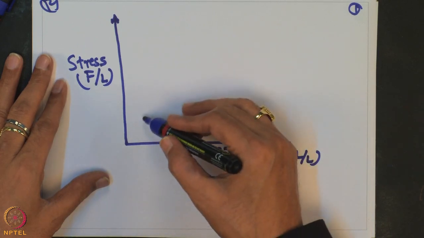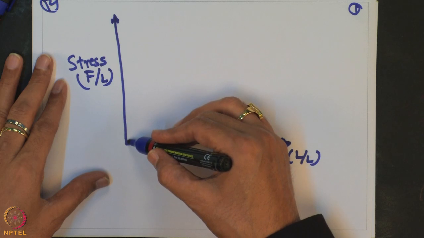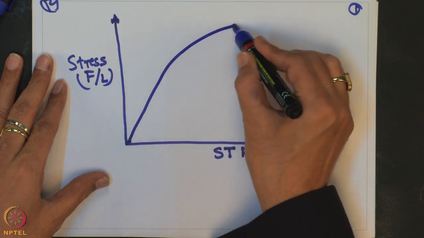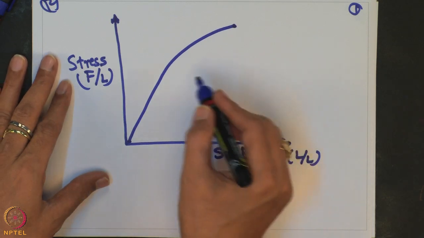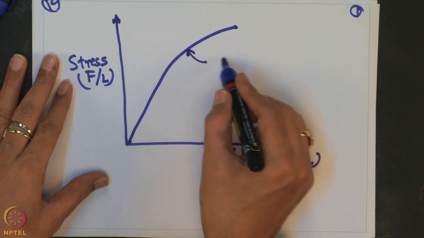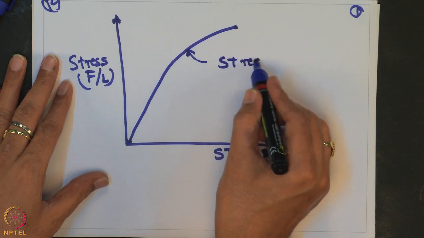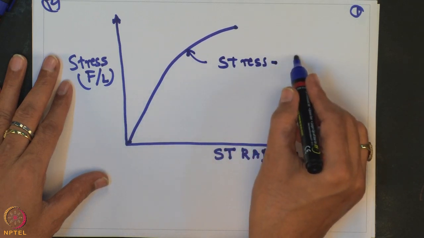So, this nature of the curve, let us say the stress strain curve of geosynthetic material, is like this.